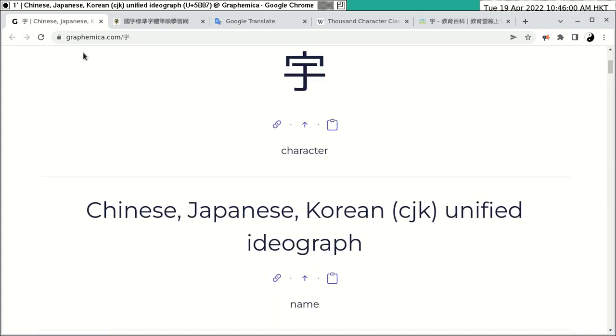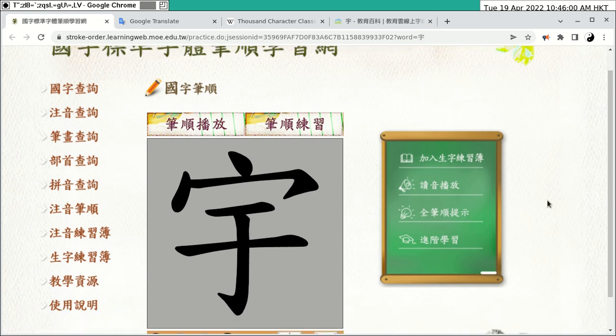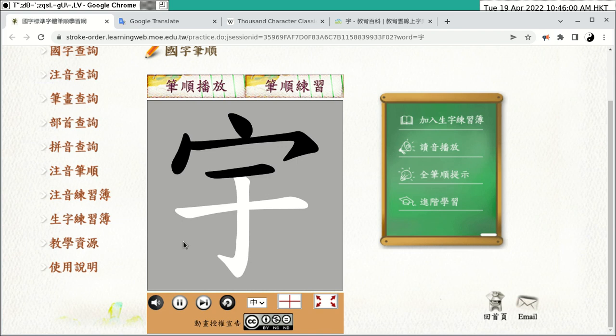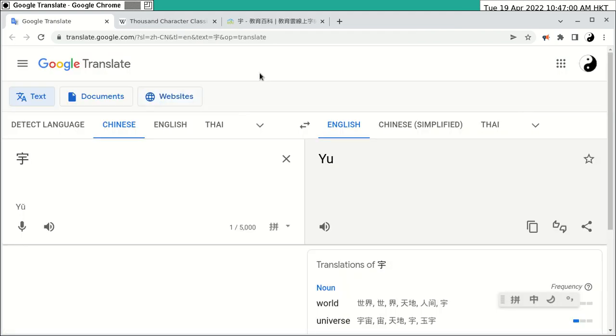Let's try it again. Let's start from the above and then here. 语，綿布，三画共六画。Yu. And the standard translation, Yu.